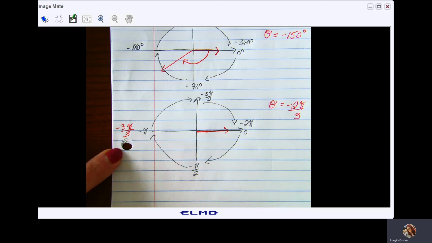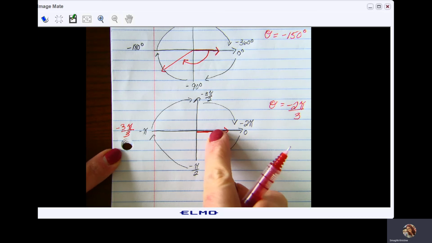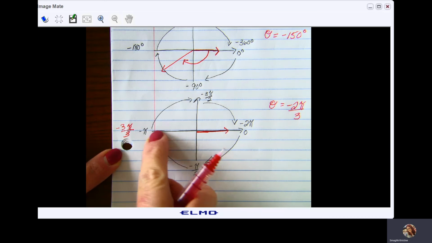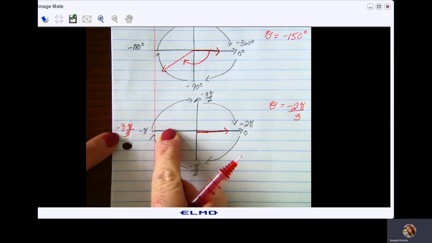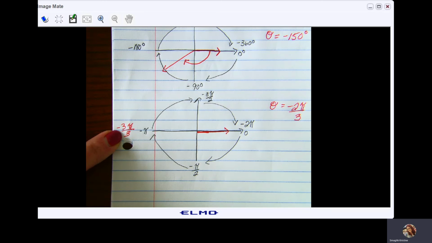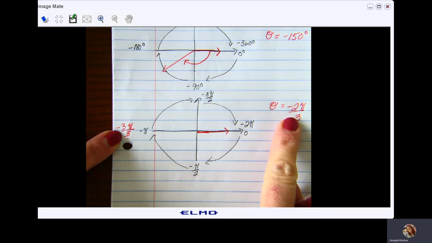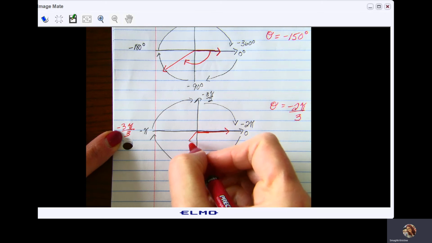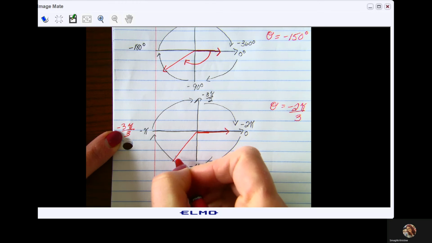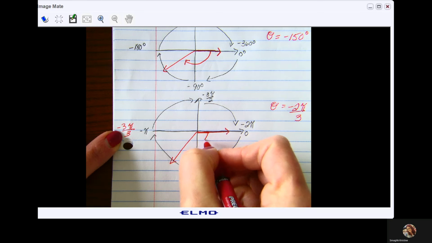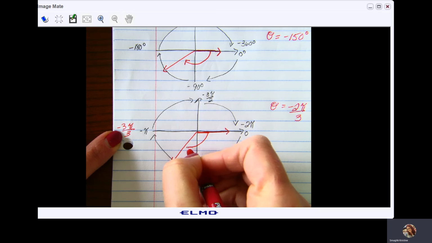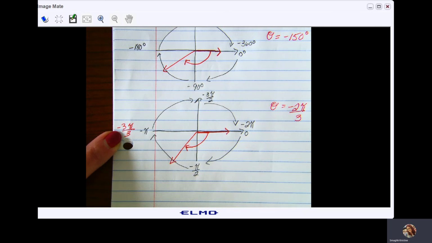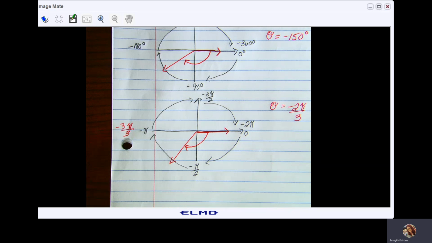So if I'm starting here and I'm moving this way, if I hit the negative x-axis, I'm at negative 3 pi over 3. Well, I need to be at negative 2, which means I've gone negative pi over 3 too many. So that means I'd be right here. And again, I'm going to draw that notation that we are moving in a clockwise direction. And so here is the angle negative 2 pi over 3.